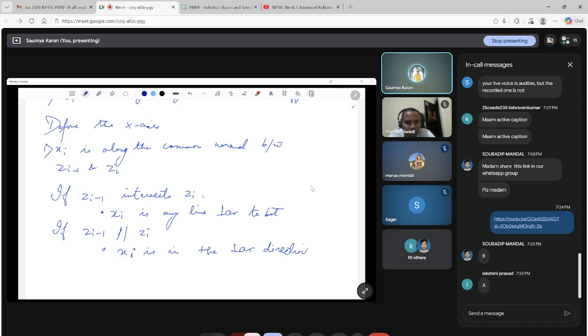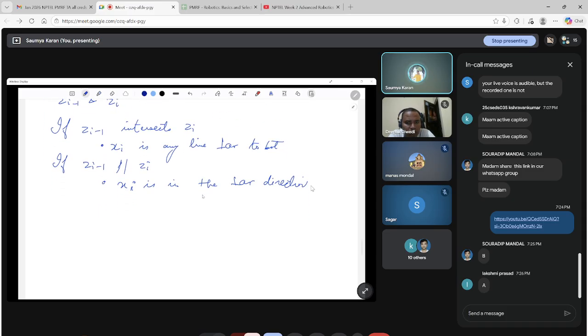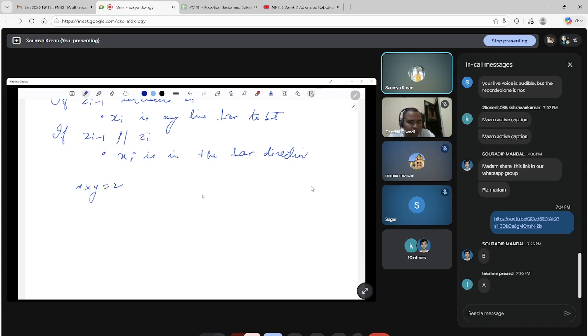Then we define the origin. The origin of frame I lies on the z-axis, at the intersection of the z and x-axes. Y is chosen according to the right-hand coordinate system, so x cross y should be z. Now the most important thing: ai is the distance along x between two z-axes.